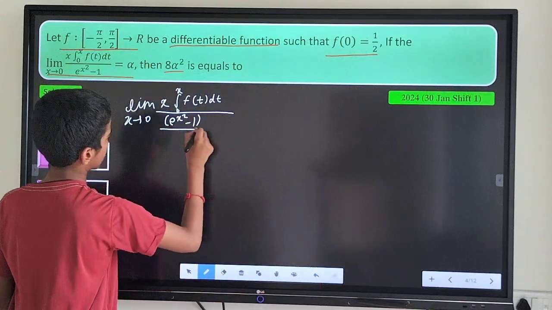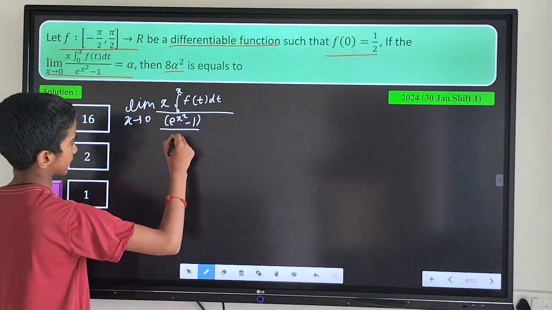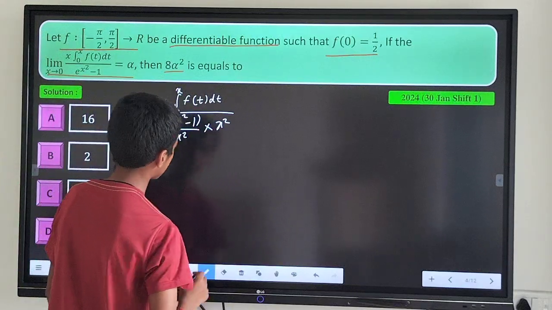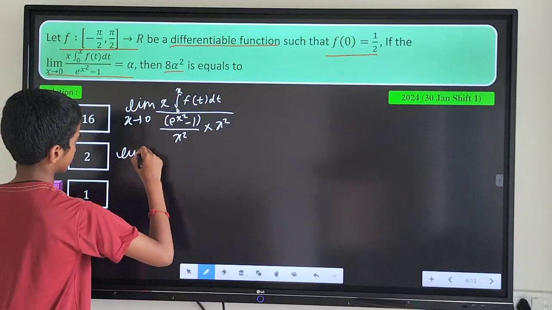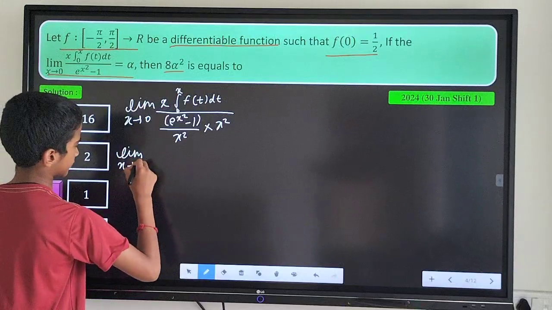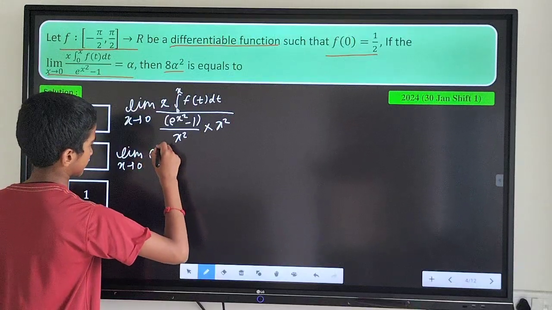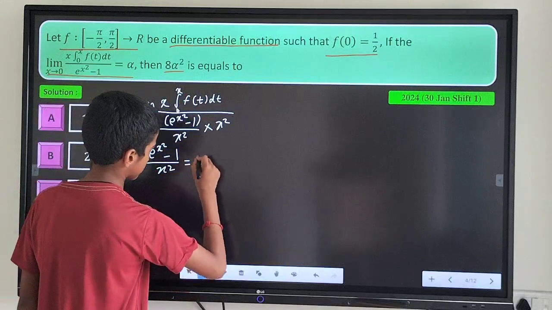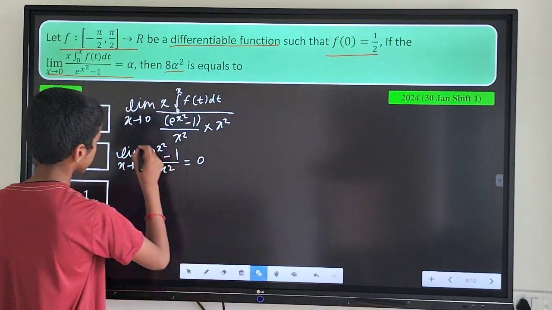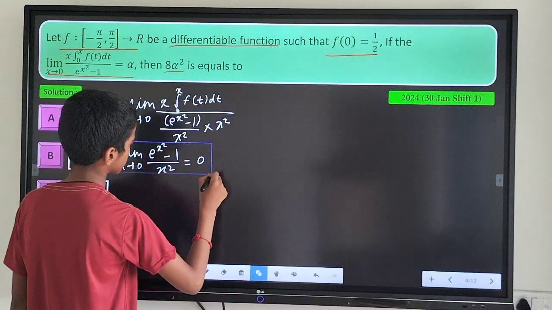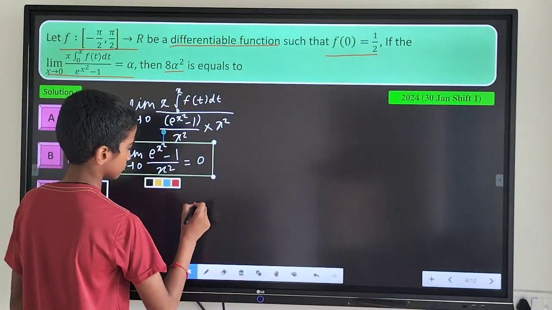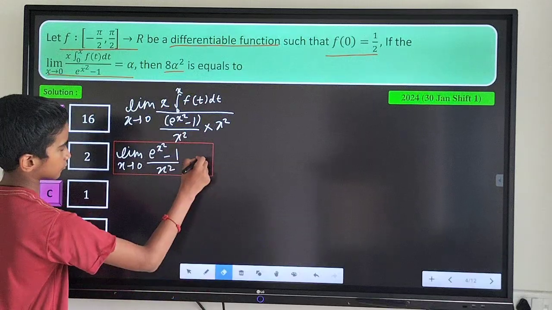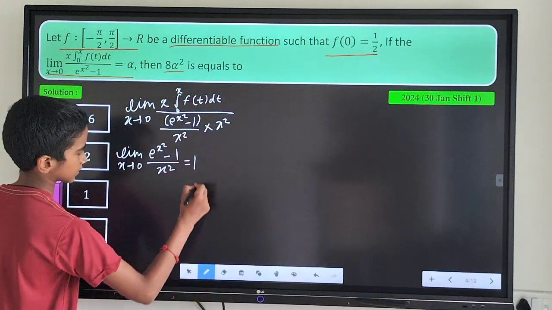Now let's multiply and divide the denominator by x square. Now this is a standard result everyone must know: limit of e to the x square minus 1 upon x square is equal to 1.